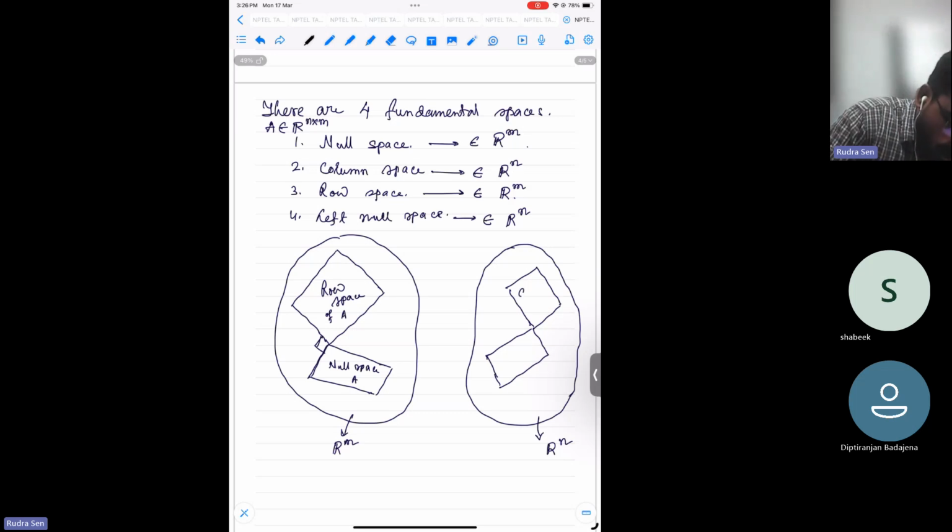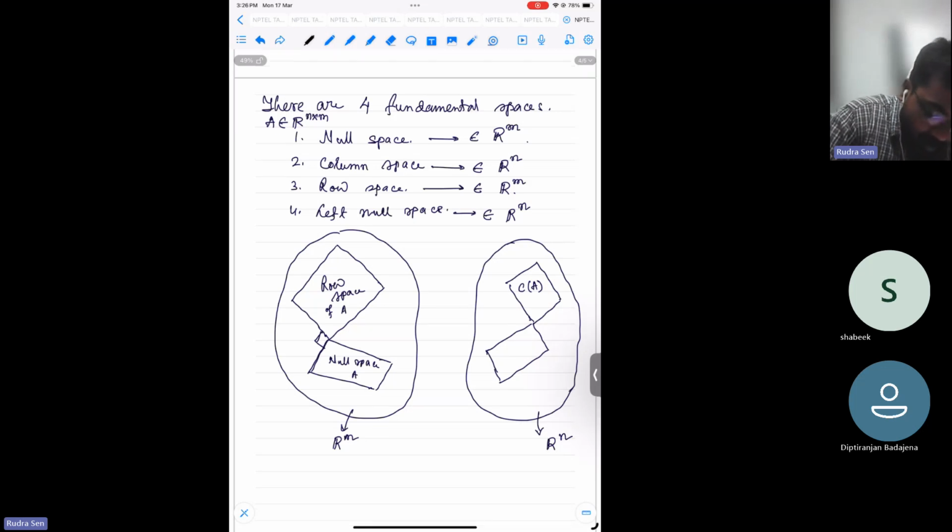So these two are perpendicular to each other. So this is Rn dimension. I hope that picture is basically clear to you.